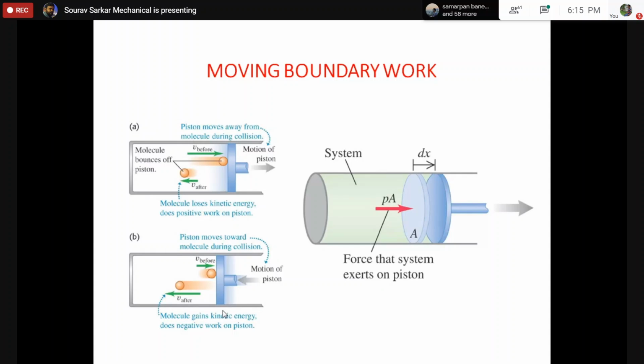But whatever thermodynamics we are going to study in this course is basically macroscopic thermodynamics. Macroscopic means you are not looking into the molecular level. You are looking at a little bit higher level where it is like a phenomenon.